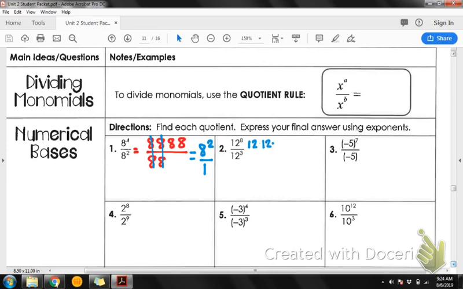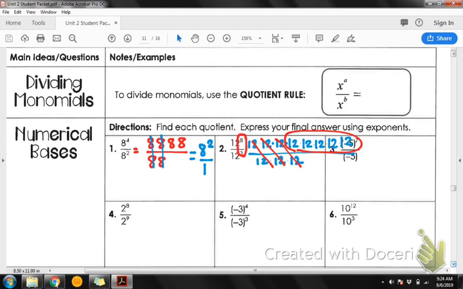So if I were to draw out 8 12s, you don't have to do this on your paper. 5, 6, 7, 8. 1, 2, 3. I have 5 12s remaining. So I subtracted this 8 minus 3.